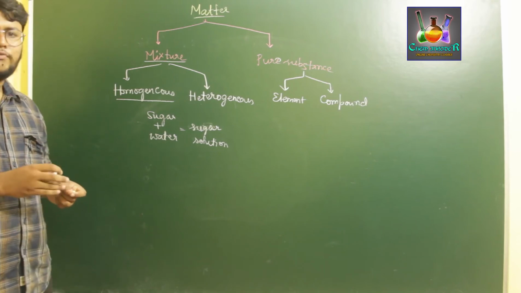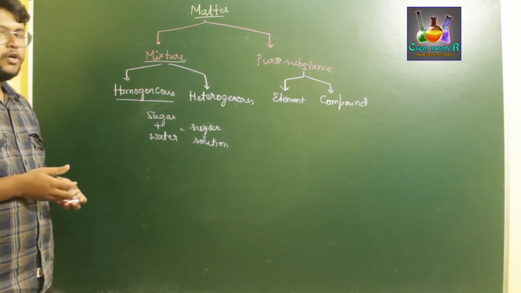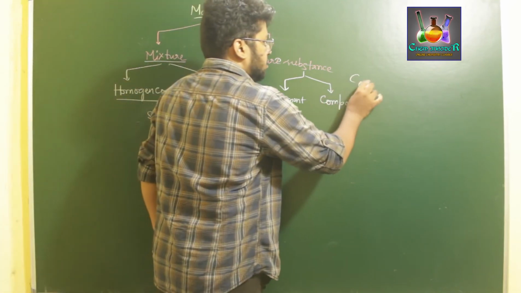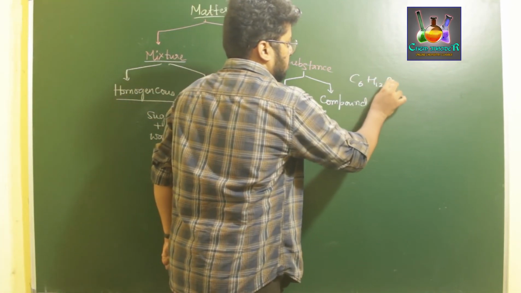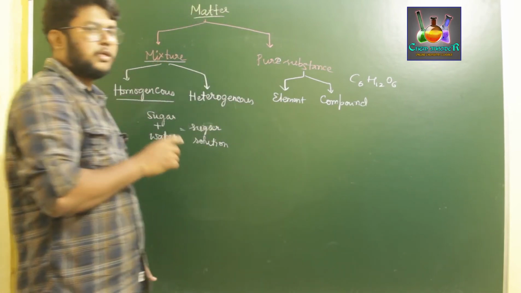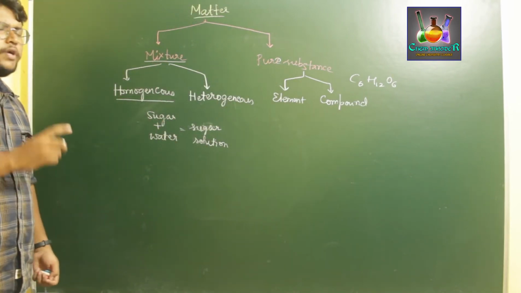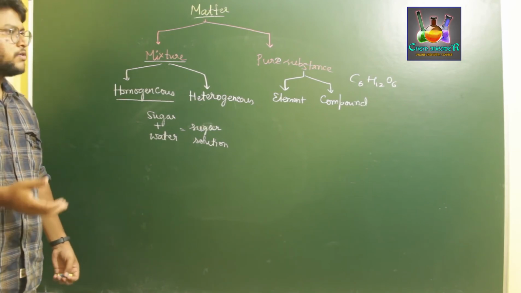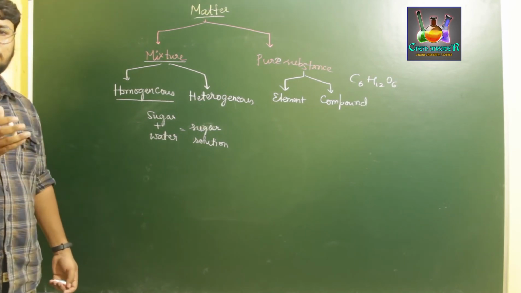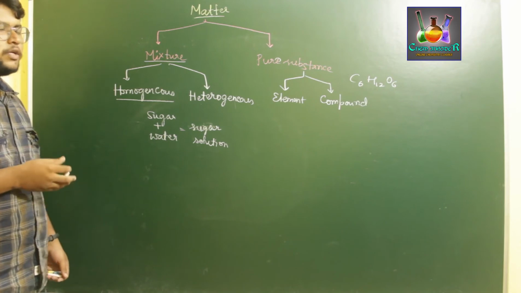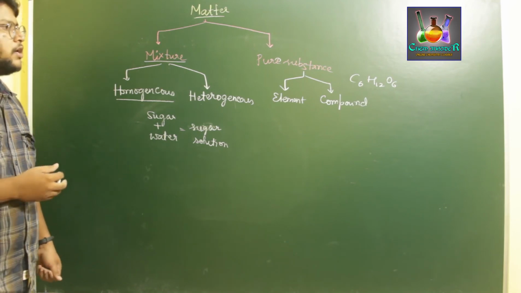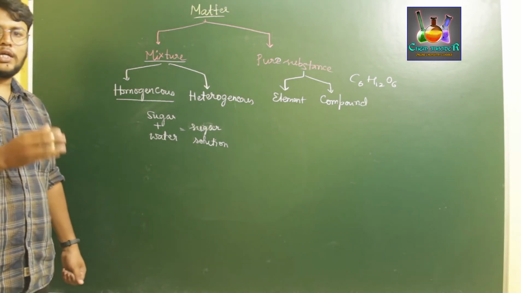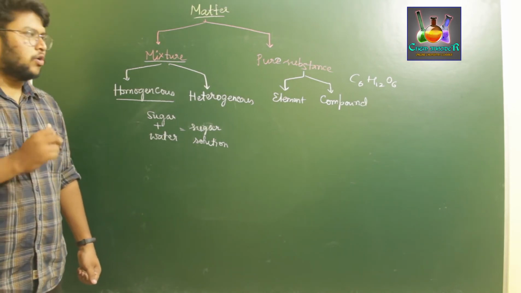For example, glucose has the formula C6H12O6. So the ratio of carbon, hydrogen and oxygen will always be the same wherever you take glucose. So glucose composition is always the same, and that glucose molecule is a pure substance.